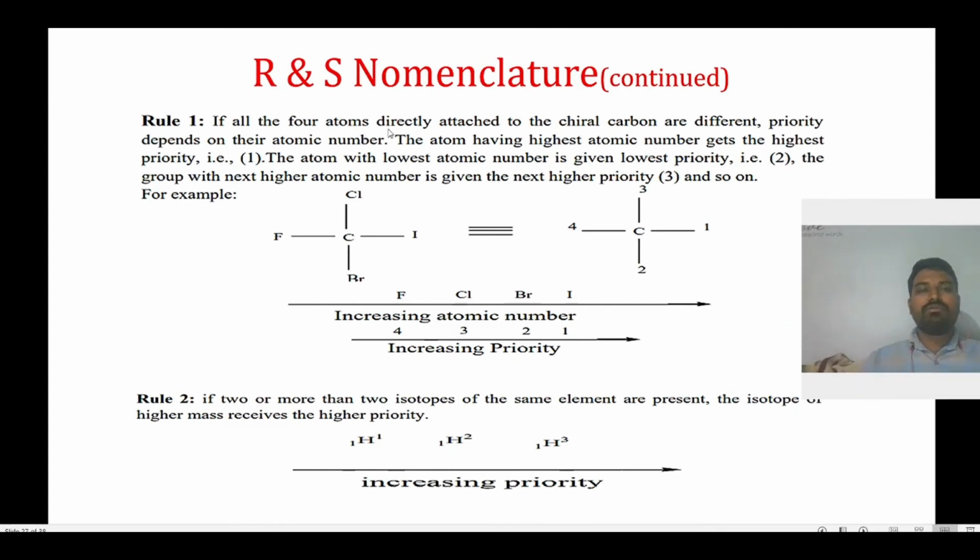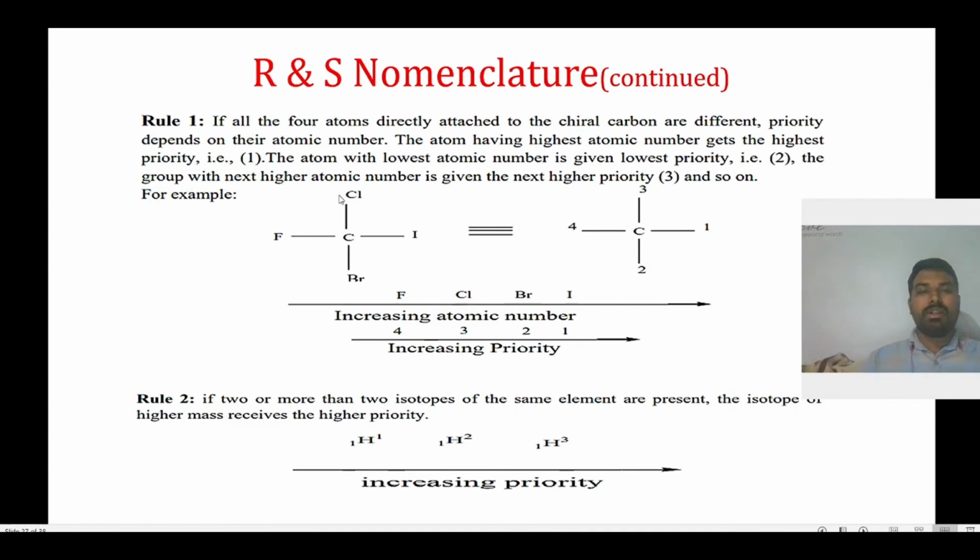If all the 4 atoms directly attached to the carbon atom are different, priority depends on their atomic number. The atom having the highest atomic number gets the highest priority, that is number 1. The atom with the lowest atomic number is given the lowest priority, that is number 4. The group with the next higher atomic number is given the next higher priority, 3, and so on.